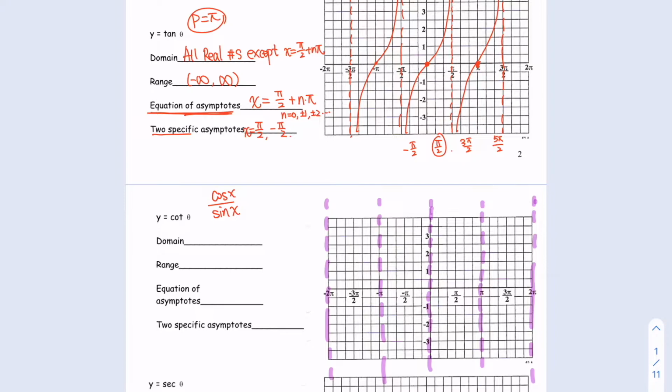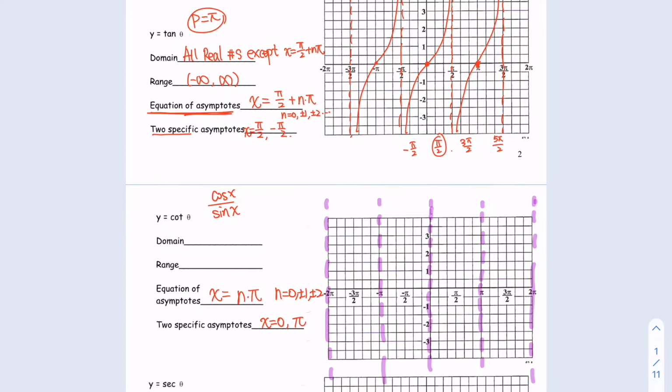So the equation for the asymptotes will be x equals n times pi, and n can be 0, -1, -2. So it can be 0, pi, 2 pi, 3 pi, 4 pi. And two specific ones will be x equals 0 and pi.